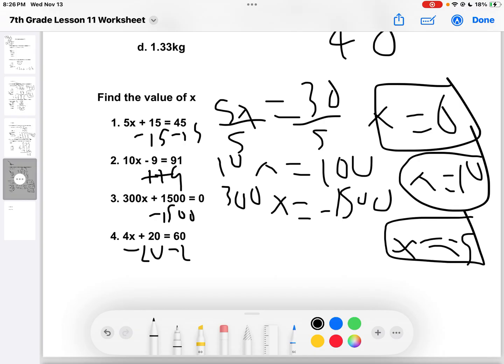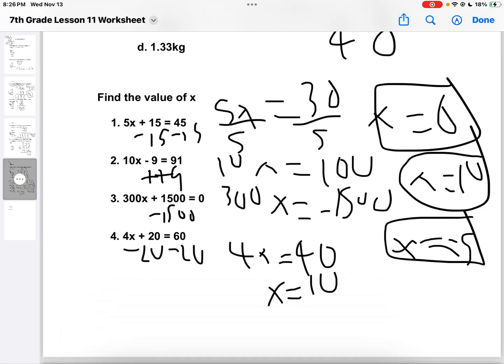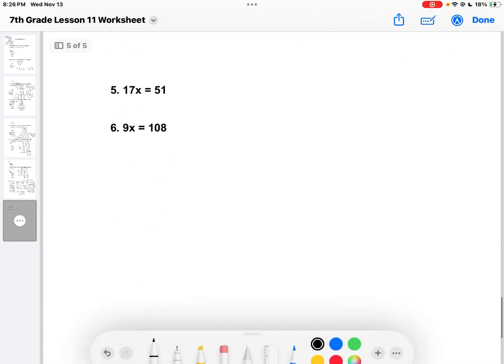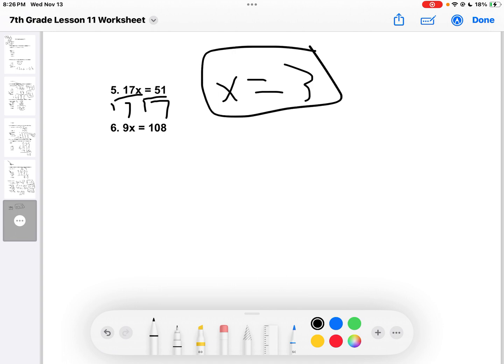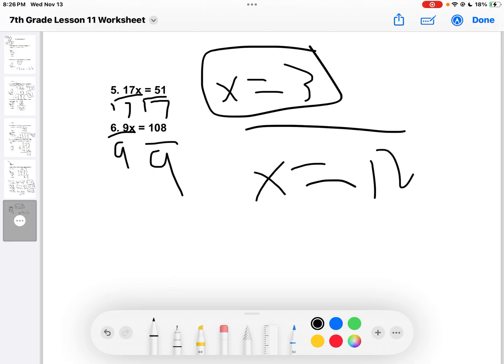Subtract 20 to get 4x equals 40 to get x equals 10. Number 5, 17x equals 51, divide by 17. And 17 goes into 51 exactly 3 times. So x equals 3. And finally, 9x equals 108, divide by 9 to get x equals 12.